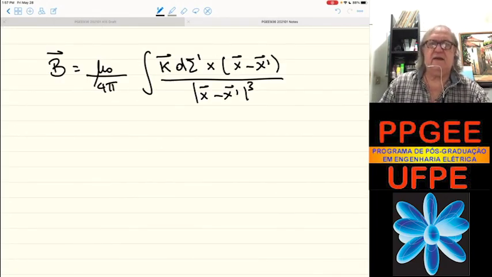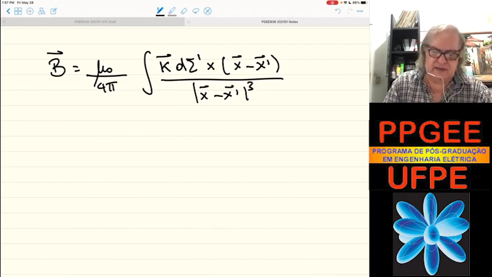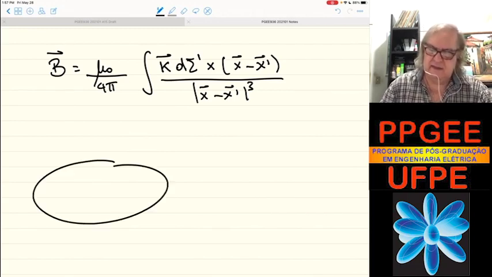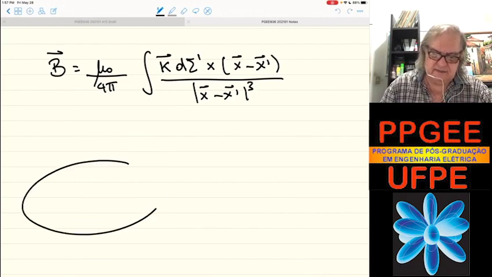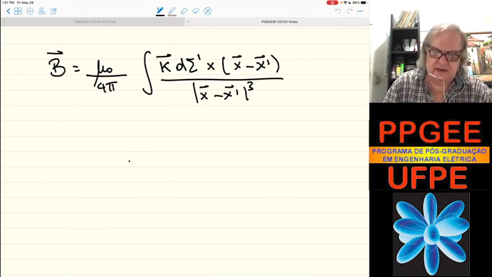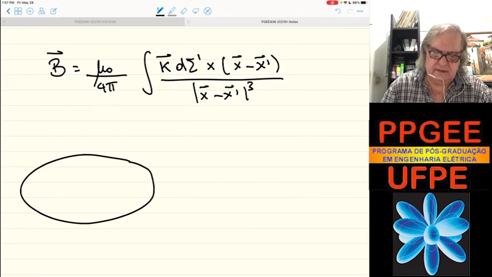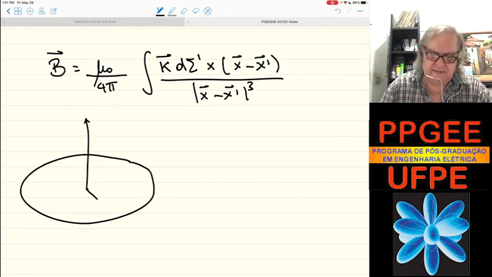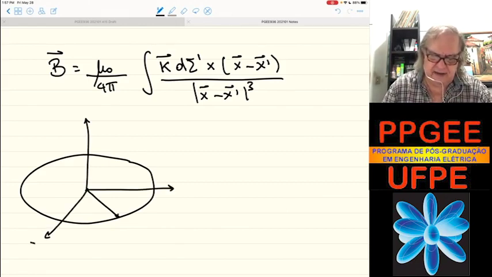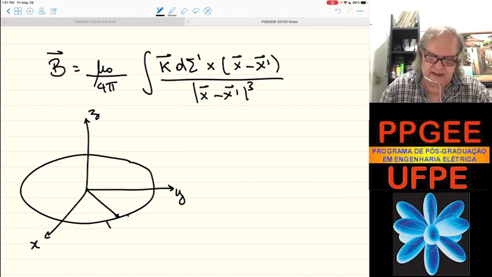Instead of considering a plane, I'm going to consider an infinite disk. Let's make a piece of the disk like this, with X, Y, and Z. I have a surface element here on the disk, sigma prime.